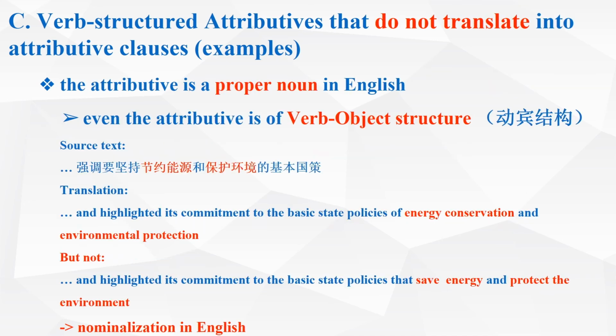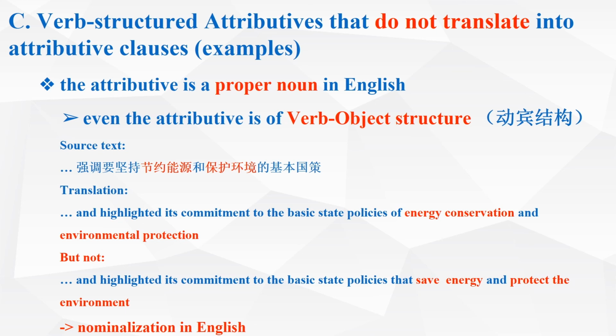However, there are exceptions where a verb-structure attributive is not translated into an attributive clause in English, as in the sentence 节约能源和保护环境的基本国策, even though the attributive phrases 节约能源 and 保护环境 have a 动宾结构, a verb-object structure.